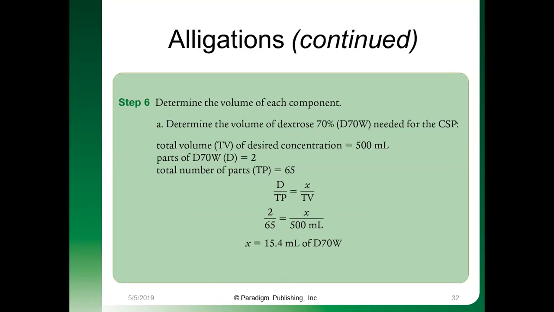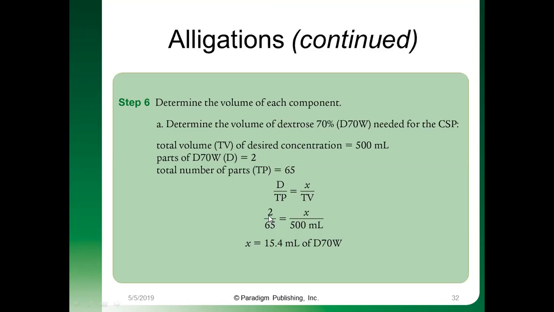So the first component, determine the volume of the 70% needed. That would be the total volume of the desired concentration, which is 500 mLs. The parts of D70W would be 2 parts, and then the total parts, 65. So D divided by TP is equal to X over TV.